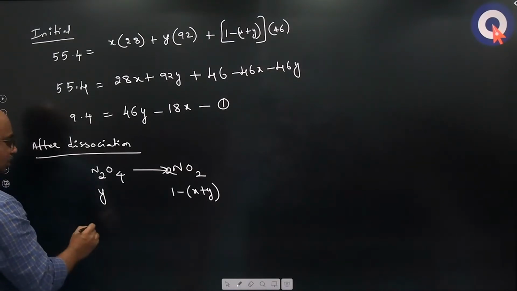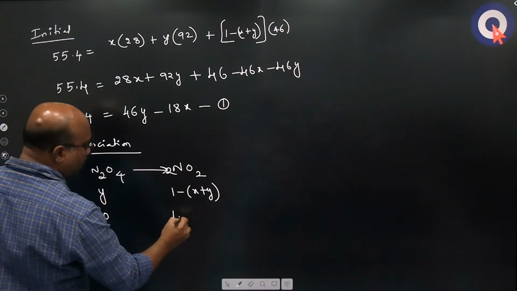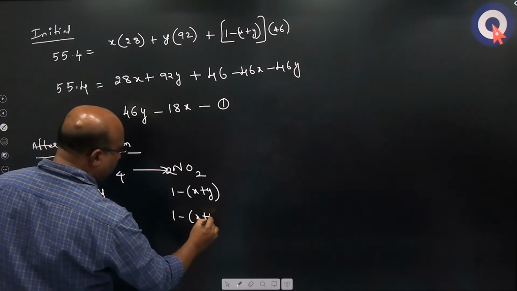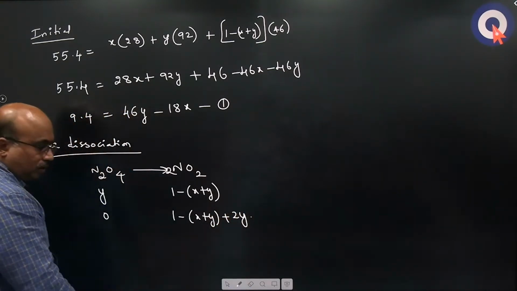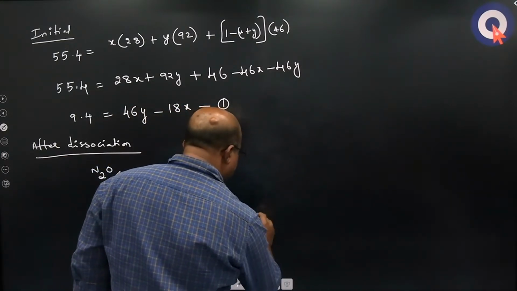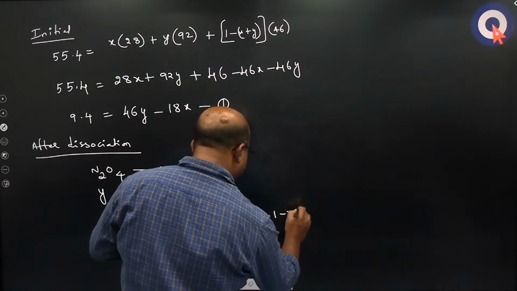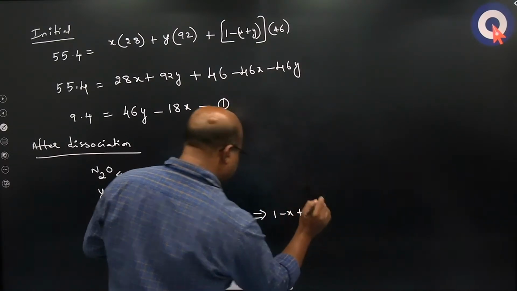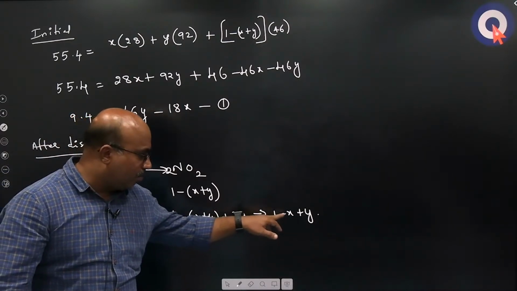But after dissociation the N2O4 will become 0, and the NO2 will become 1 minus X minus Y plus 2Y. So overall, the total moles of NO2 will be 1 minus X minus Y plus 2Y, so it is 1 minus X plus Y.